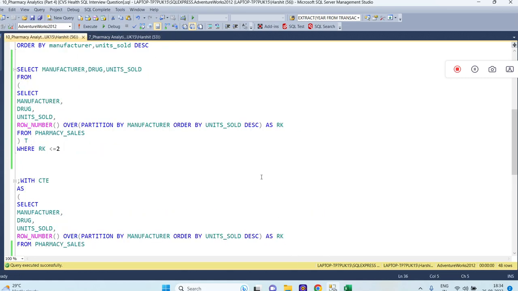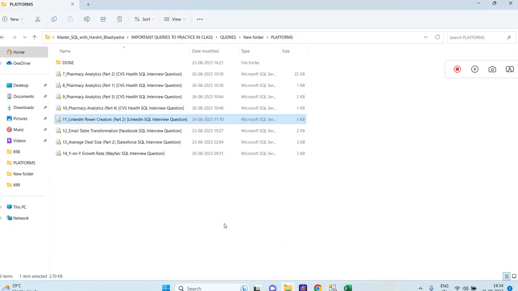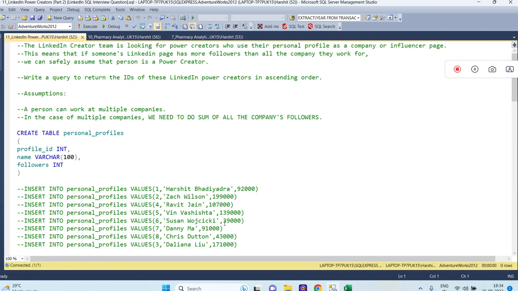Now let me jump to the next question. Okay, this is an interesting one. Here we are not using the pharmacy sales data. So this is completely new one.